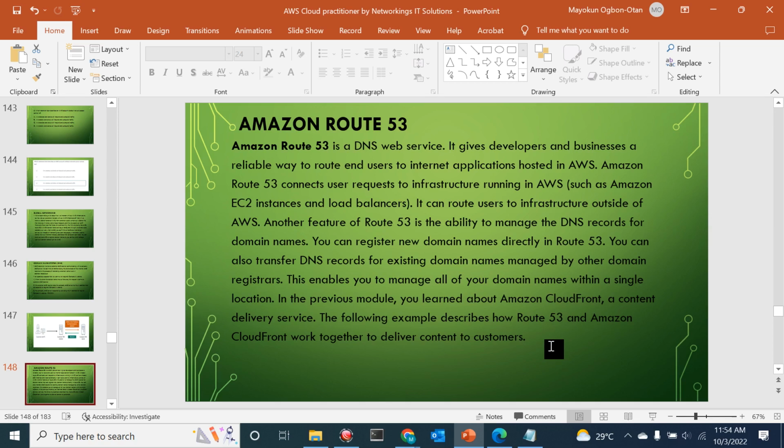We said that CloudFront deals with content delivery. Yes, there is something more. We even did a quiz and were able to explain some things about Amazon CloudFront. We said that it helps us provide service closer to people that are not even in a particular availability zone.